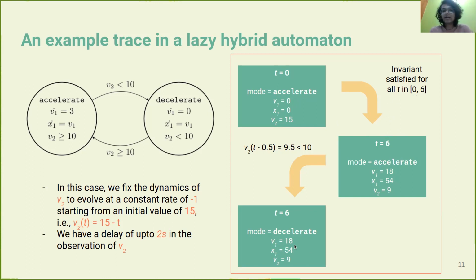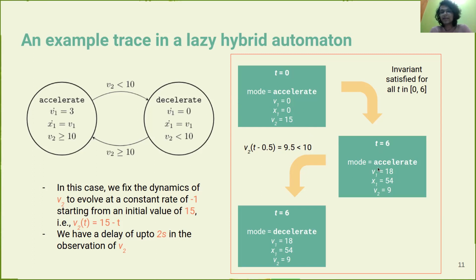But within our lazy hybrid automaton model, since we are allowed to evaluate the value of V2 at a point in the past, this is not a problem, because from time t equals 5 to 6, since we can look up to 2 seconds in the past of the observation of V2, at some point in the past 2 seconds, the value of V2 was indeed greater than or equal to 10. So we can continue to stay in the mode accelerate.